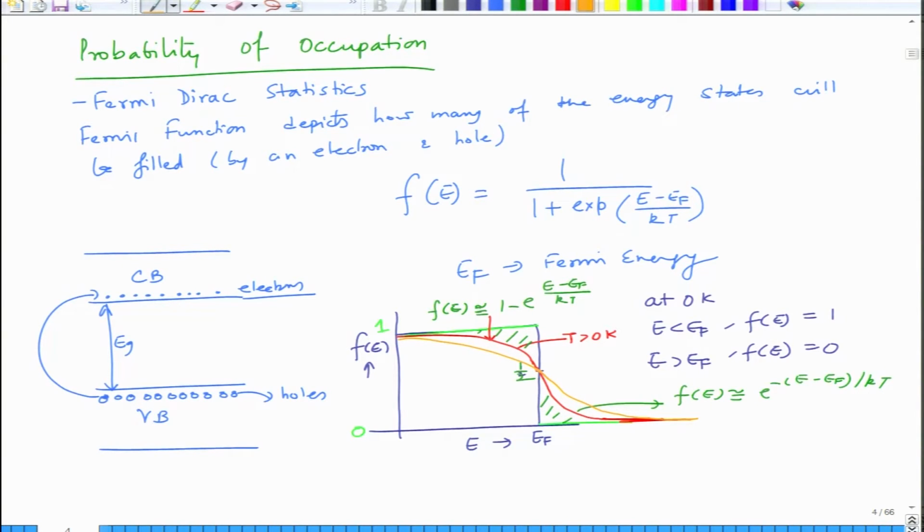Now if this is the case, then at E equal to Ef, you can say Fe is half.